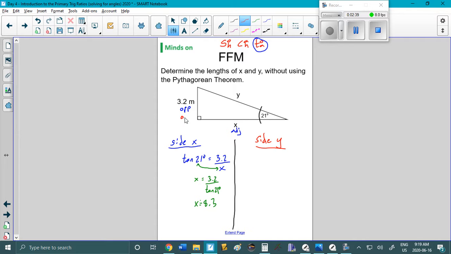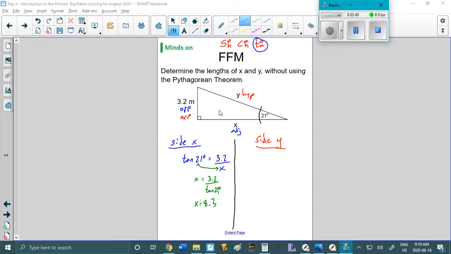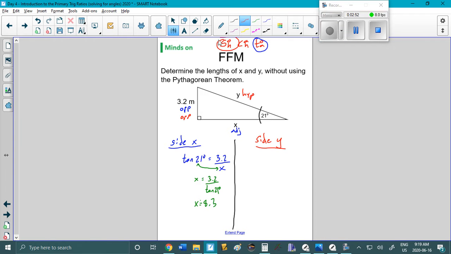We still have the opposite, but now we're looking for the hypotenuse. So if we're dealing with O and H, then it's sine. So sine of my angle equals the opposite, 3.2, divided by the hypotenuse, which is y.